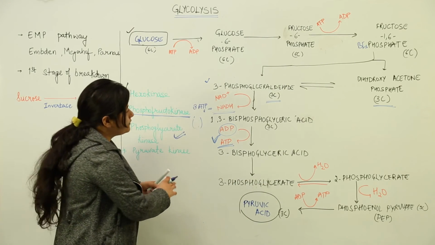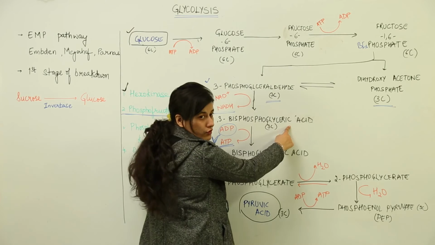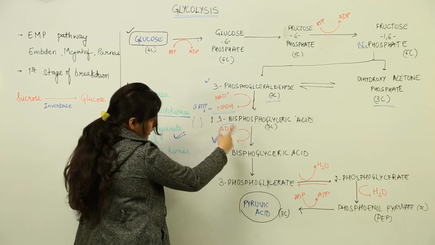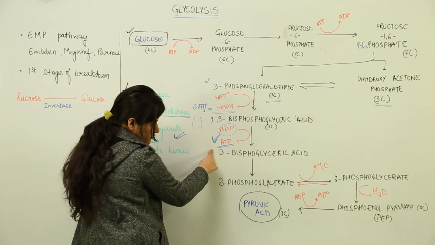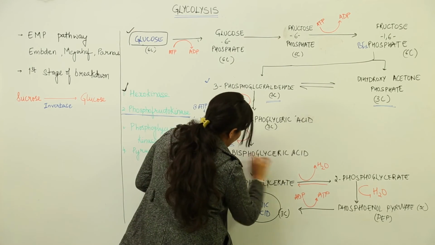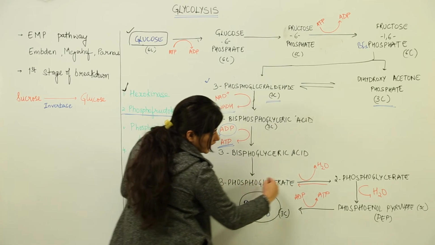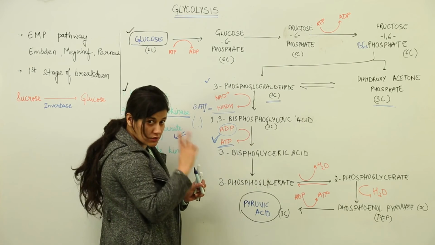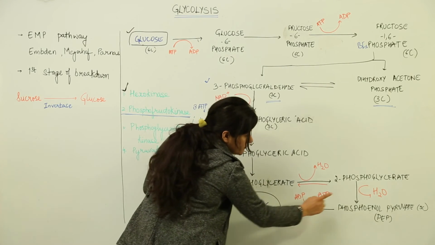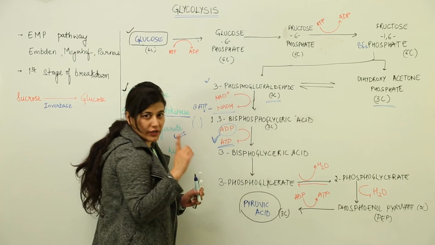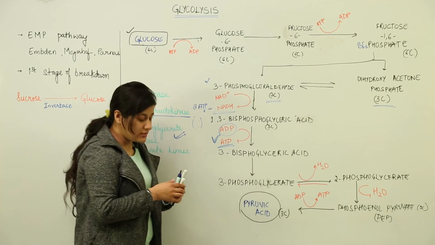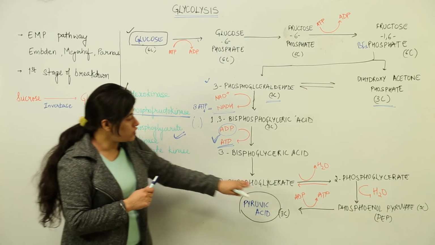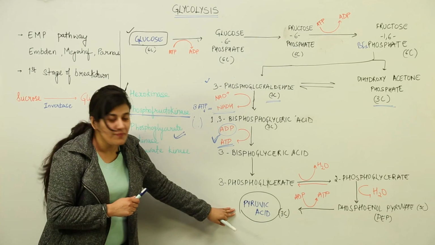Again I am repeating it from here. 1,3-bisphosphoglyceric acid was the carboxylic acid which enabled the giving up of one phosphate so that ATP is formed. Then comes 3-phosphoglyceric acid, which gets converted to phosphoenol pyruvate by a series of steps which involve removal of two water molecules, and when the PEP is formed, it is easier for the molecule, in the presence of the enzyme pyruvate kinase, to lose one of its phosphates and form pyruvic acid.